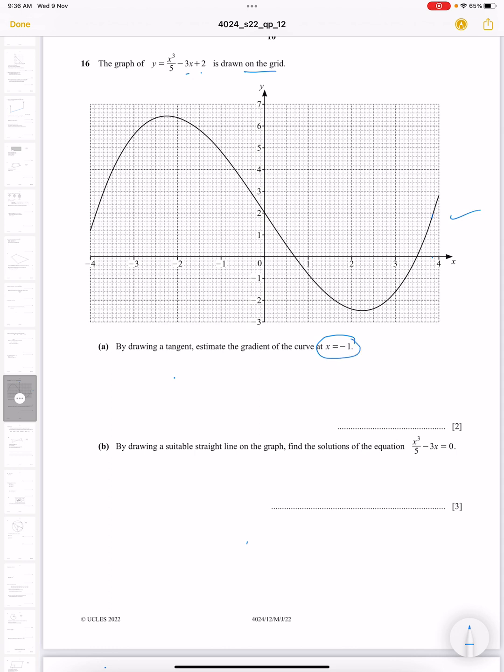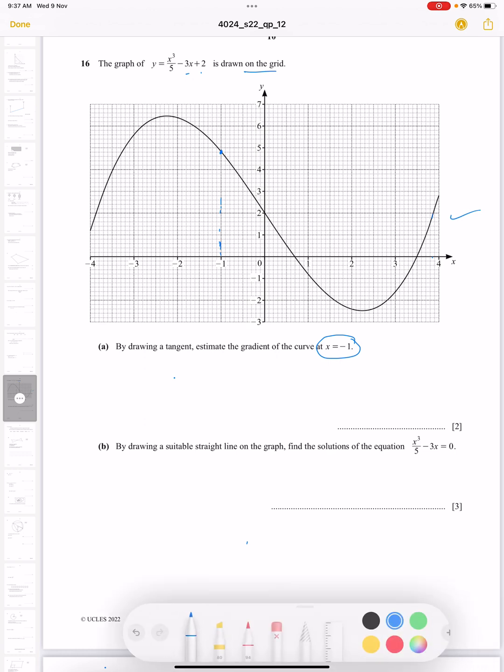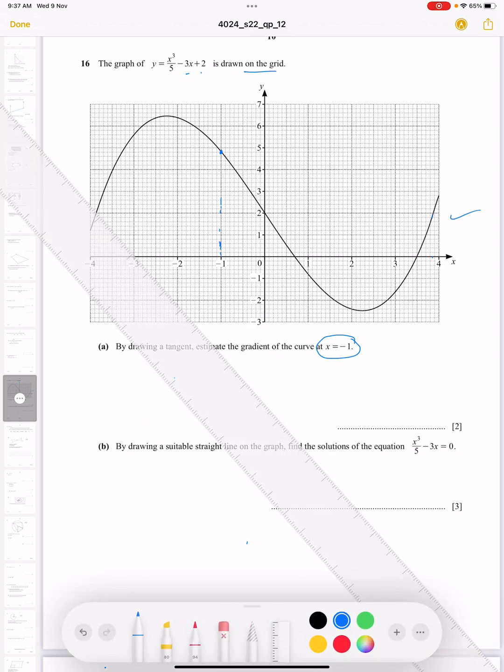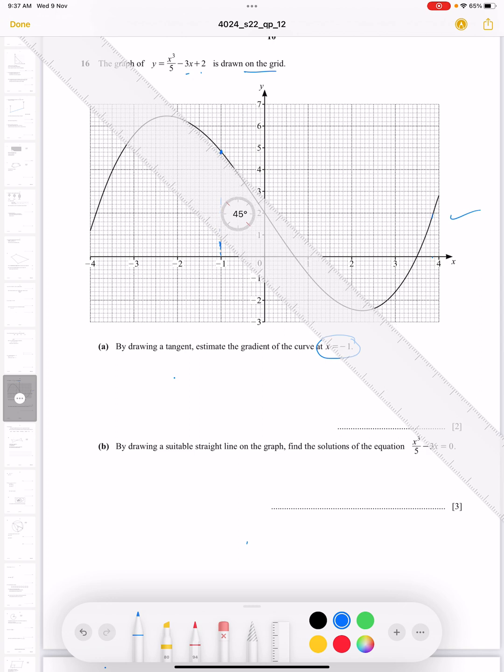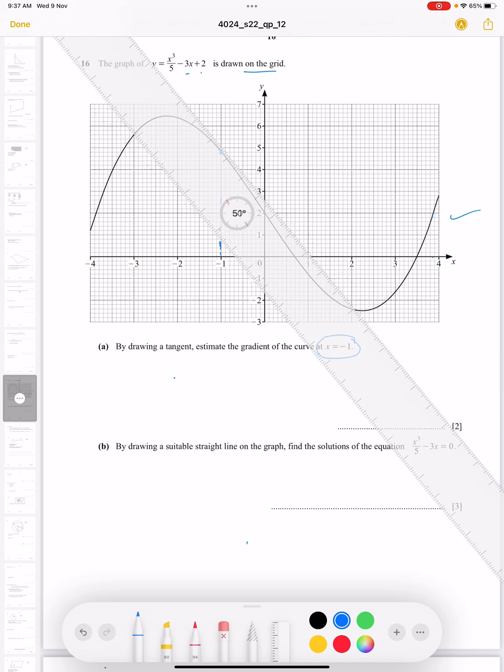So at x is equal to minus 1, where the curve meets this point, here we have x is equal to minus 1. So that's the point. Here we are going to draw the tangent. The method of drawing a tangent is that by using a scale, we will draw the tangent.